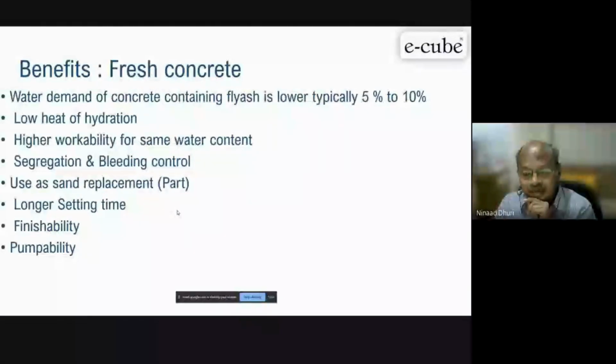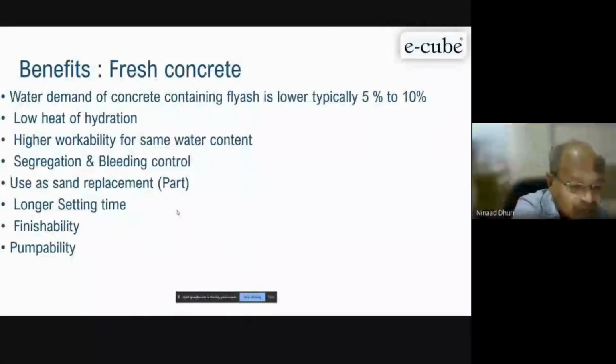But this new IS code, taking the benefit of all these mineral admixtures, says you can design even at 90 days, because some of the foundations, if you see, are designed for 6 months or even 1 year. But when you are designing such a thing, your project, your concrete mix design should start well early in advance, and you should have data for it.